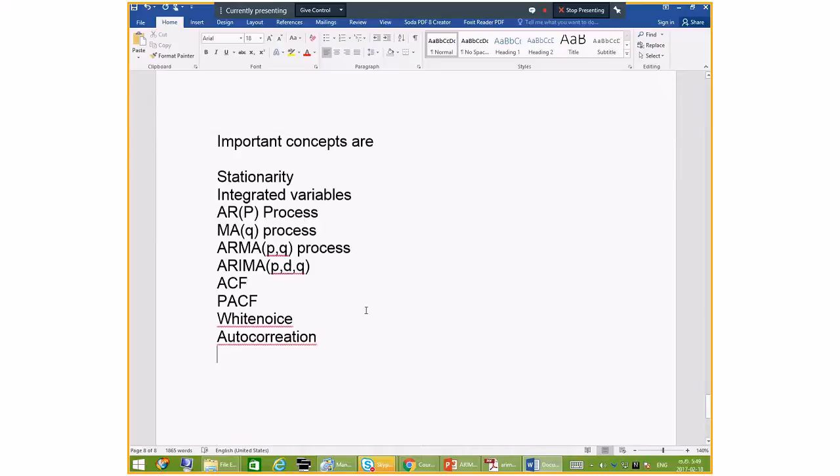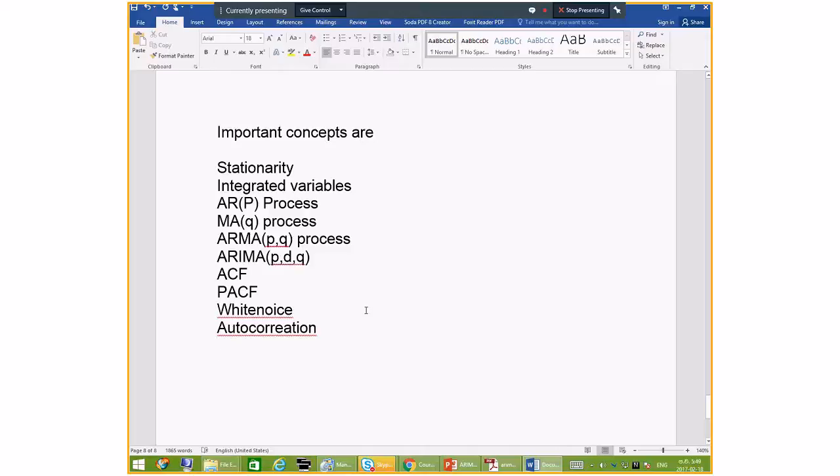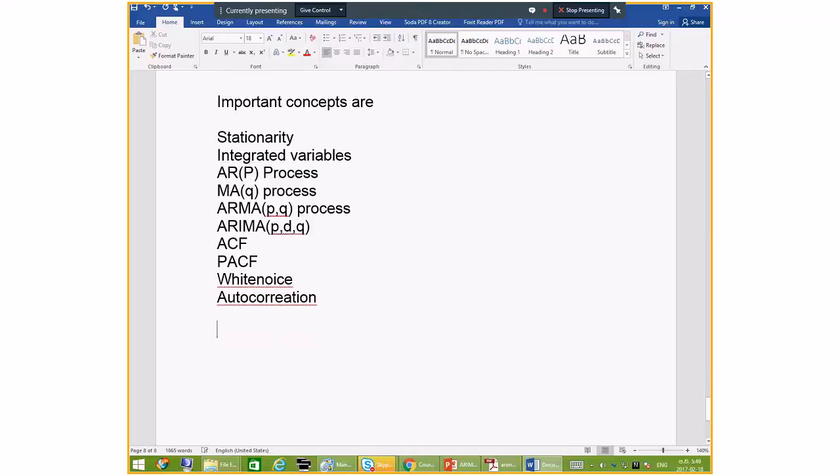Then the steps in the ARIMA model. There are many steps in the ARIMA model.